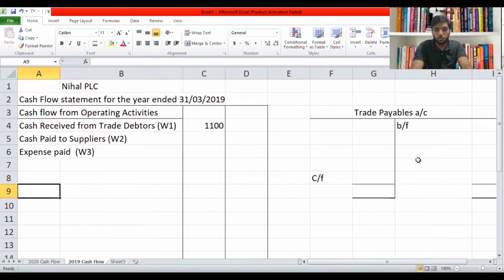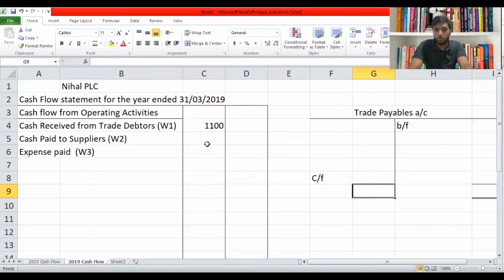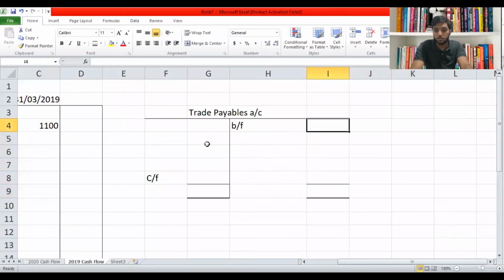Now, what are the brought forward and carried forward balances? I'll move on to my sum. Here I have 140,000 and 110,000. So I'll take my brought forward 140,000 on the credit side, and carried forward is going to be 110.